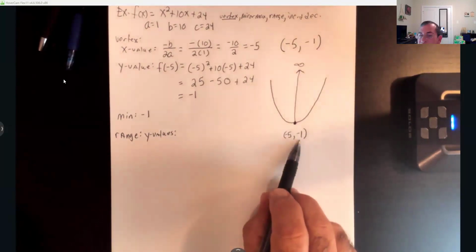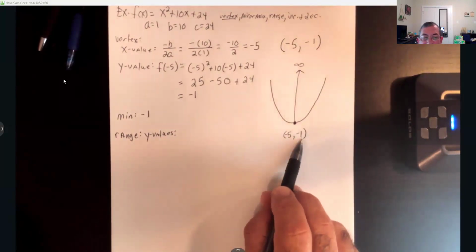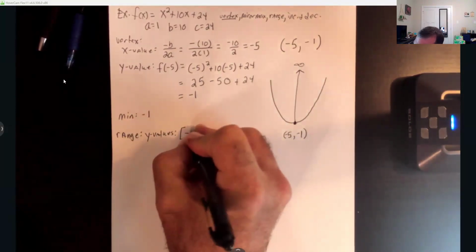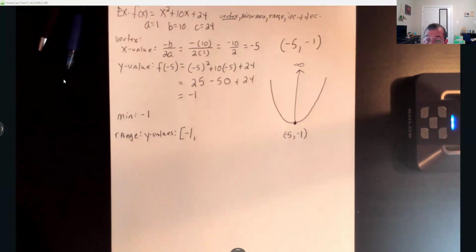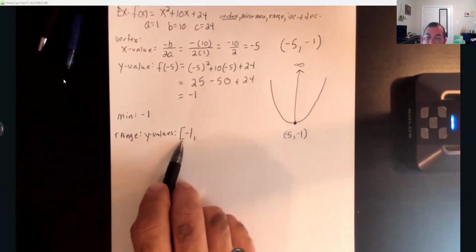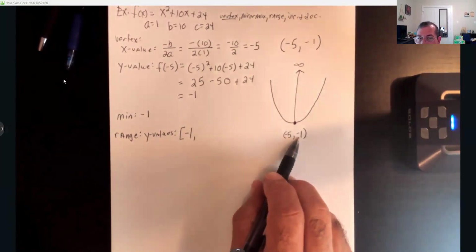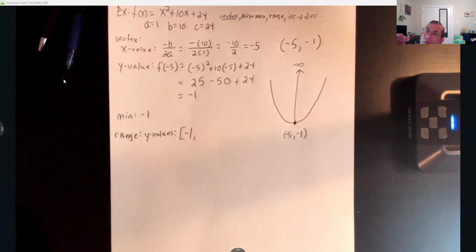So we've got to start with the minimum y value, which is that negative 1. So that negative 1 will be in parentheses with a bracket, because the bracket means it includes that negative 1, okay? Remember, when we did interval notation, rounded parentheses, we kick the number out.